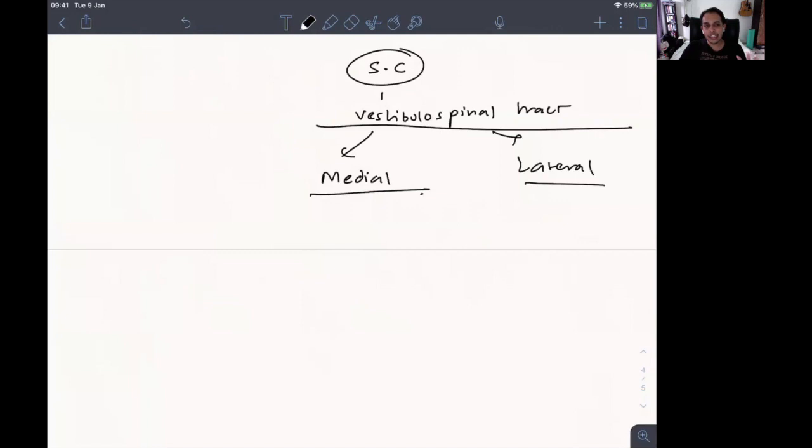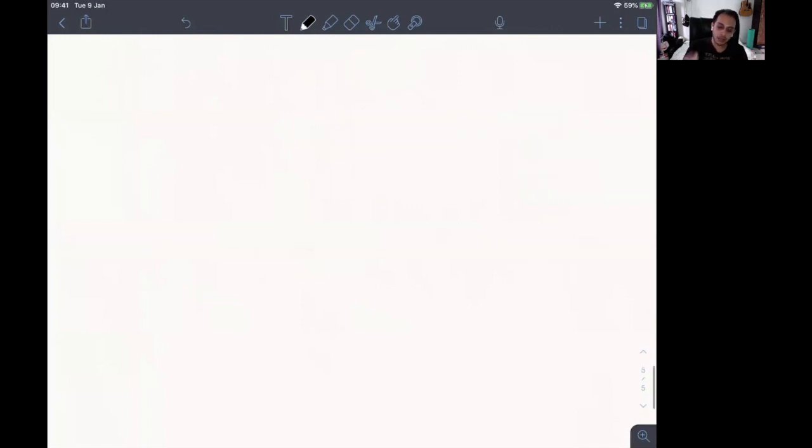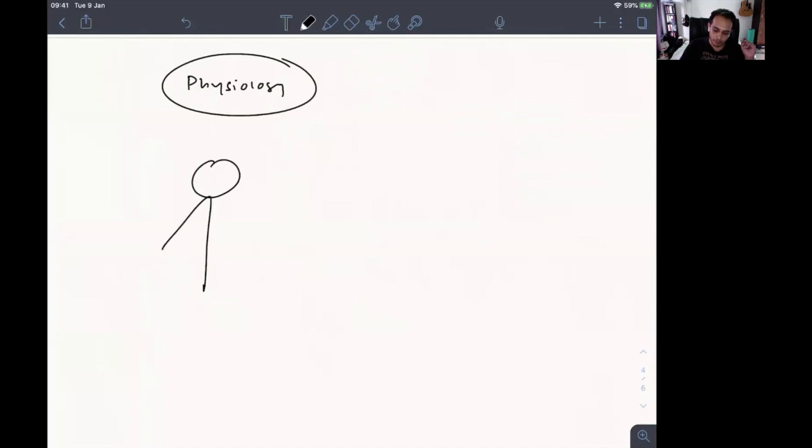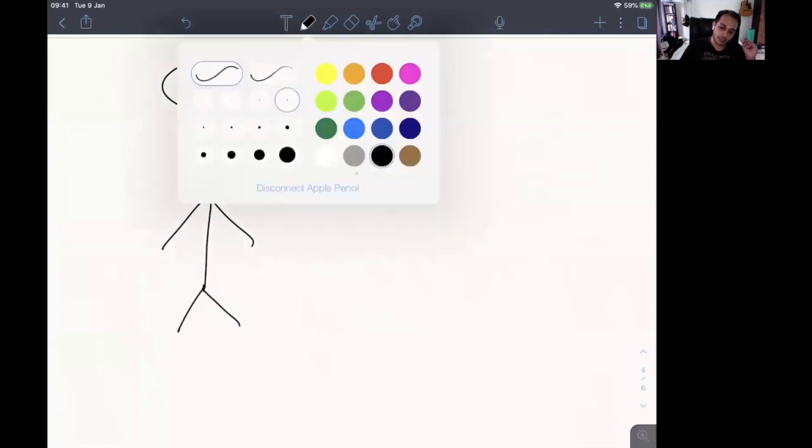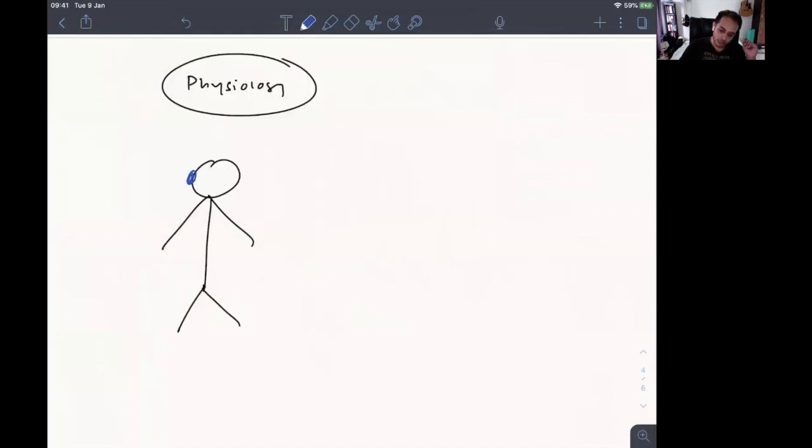Okay, now that's enough of theory. Let's go to the practical aspect of it. How does the vestibular system function? The primary function is that in a person, there are two vestibular systems, one on either side, and both of them work together to maintain balance.